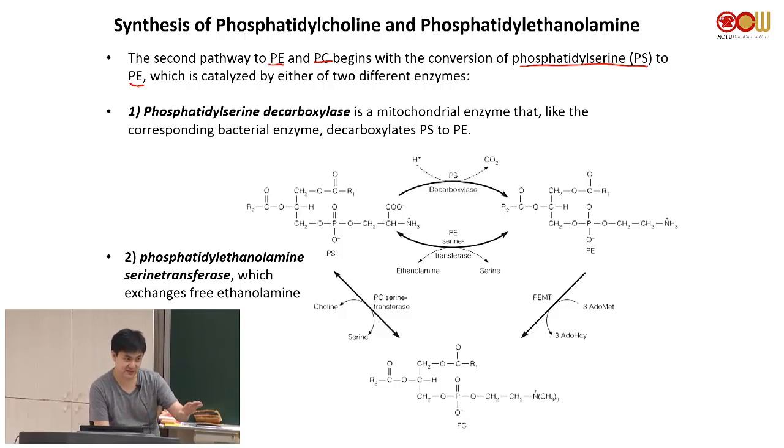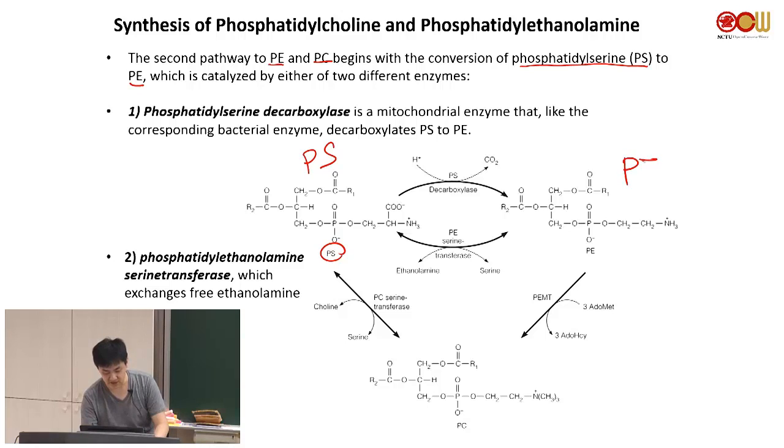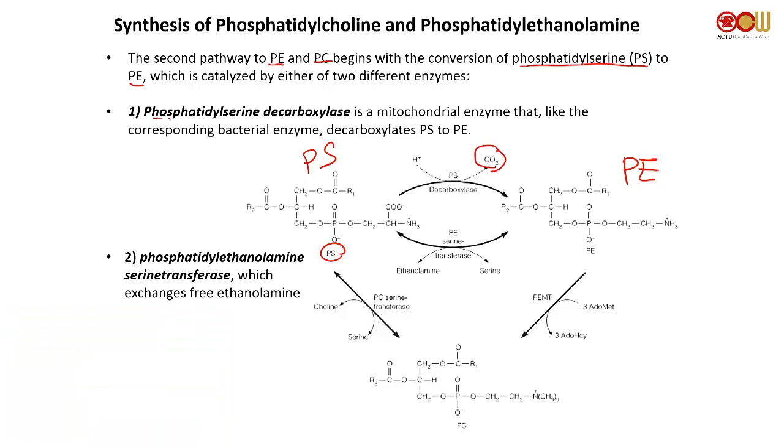You first have PS, right? Then PS undergoes a decarboxylation, so here is PS, and this is PE. PS to PE is a decarboxylation, okay, so you kick out a CO2. Okay, this we saw. This is phosphatidylserine decarboxylase converts PS to PE. And then you can actually convert PE to PC through this thing called the PE methyl transferase. I'll tell you what those are in just a minute.